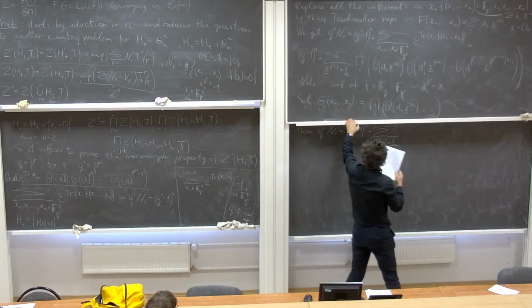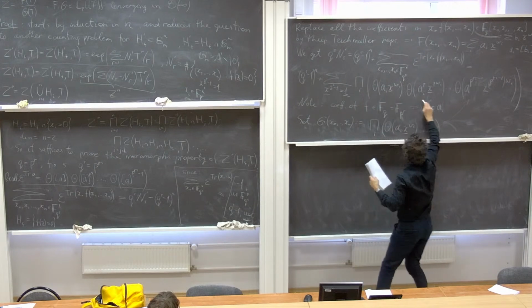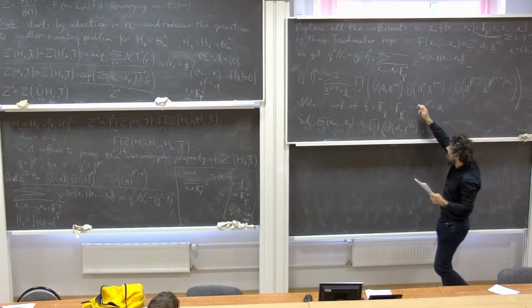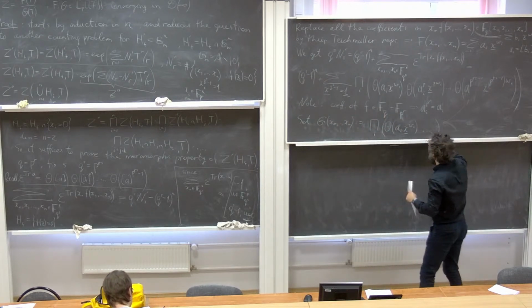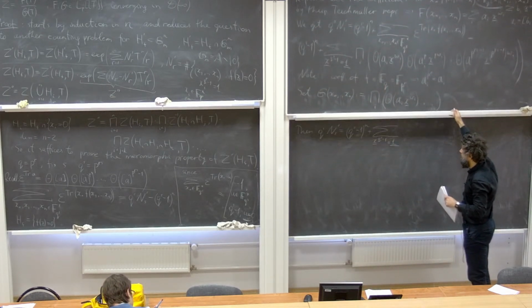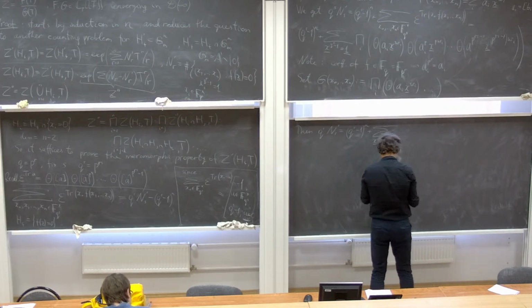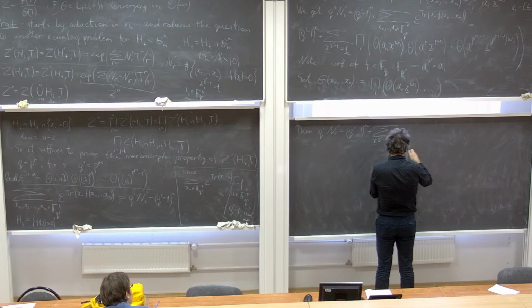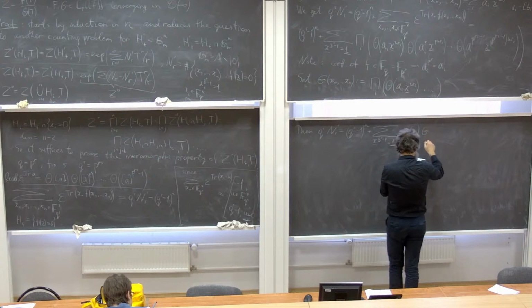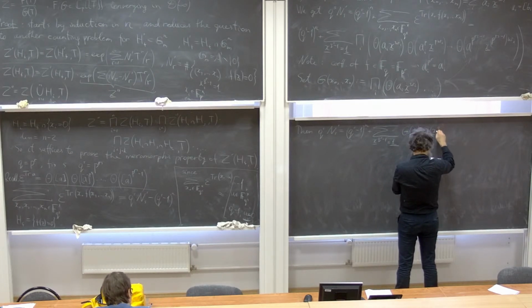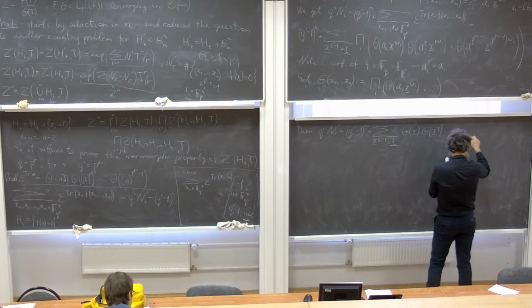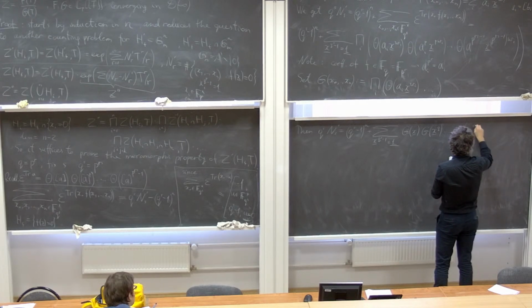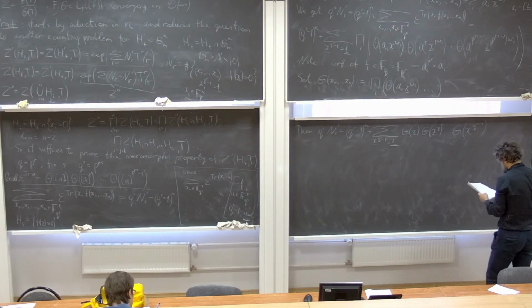Just one summand like this is called G. So I'm going to write here just the sum of G's: G of x times G of x to the q times G of x to the q^{s-1}. Okay.